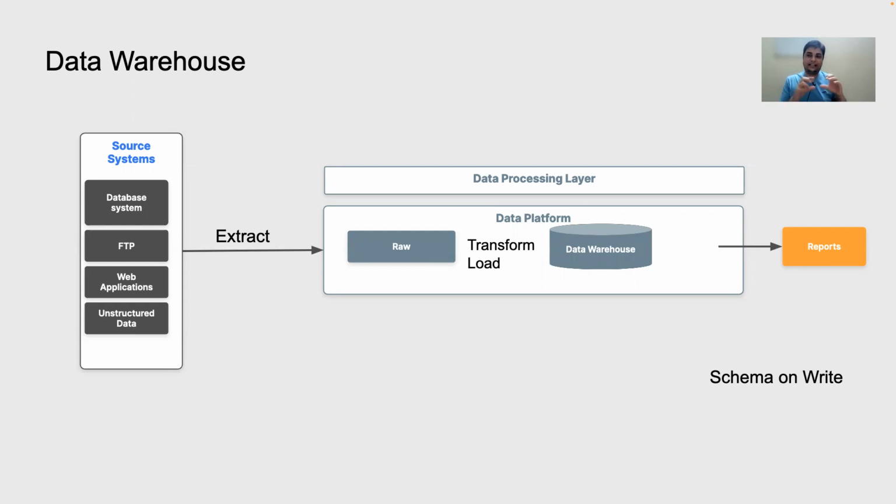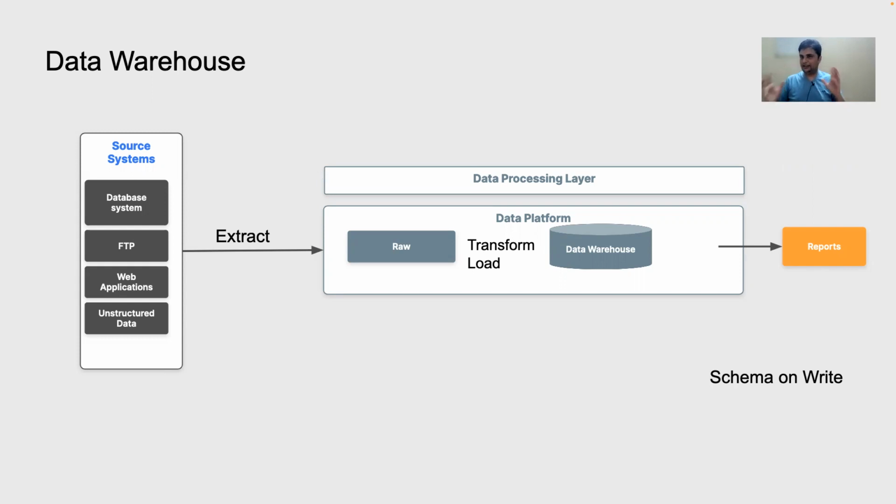In a data warehouse, there is a schema which is already in place. If we take an example, if our order processing system is processing orders and we are going to analyze the volume of orders, we get all the order information, and before loading into a data warehouse, we have to define the schema, saying order ID, order price, this is how the structure should look, and then we load it into a data warehouse.